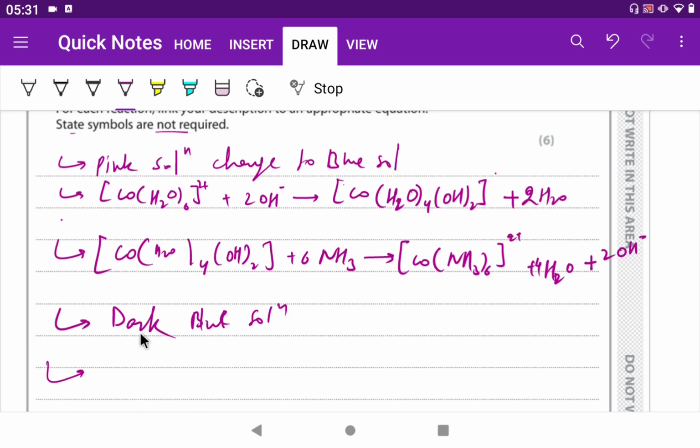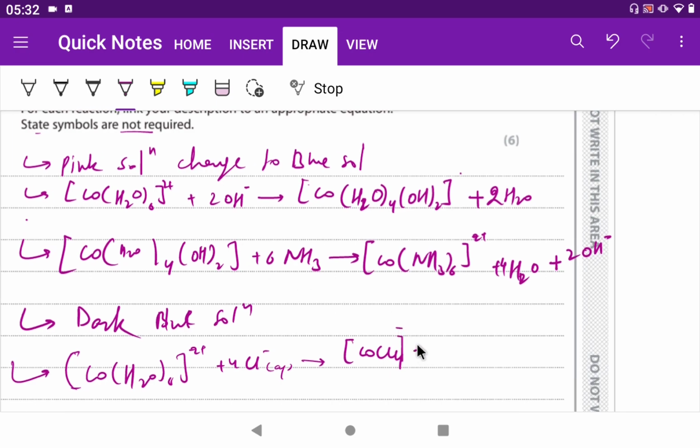And the last reaction again will be cobalt water 6 2 plus 4Cl minus aqueous to give cobalt tetrachloride, okay, plus 6 water molecules.